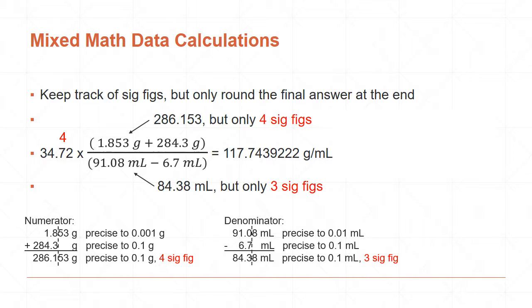What that means is I need to round my answer to 3 sig figs. So 117.7, my 4th sig fig is 7, which is greater than 5, so I'll round up, and I get 118 grams per milliliter, which is my final answer rounded to 3 sig figs. Again, I didn't round along the way, I rounded only once at the end.